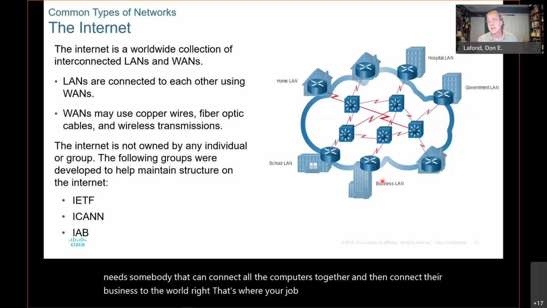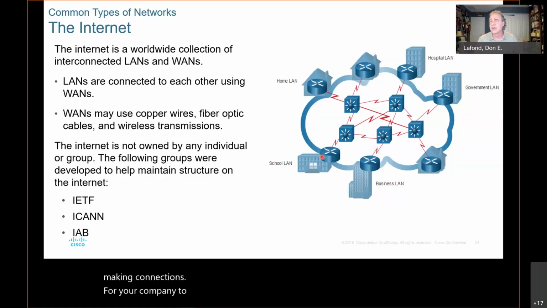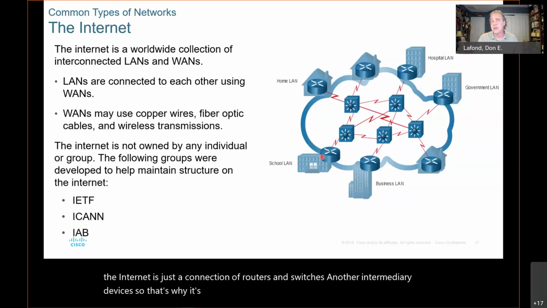Depending on what level you're in, you will be the person making connections for your company to the world. You are the one configuring routers and switches, and the internet is just a connection of routers and switches and other intermediary devices. So that's why it's critical, why we need you, why you're in this class, why we need you in the program.